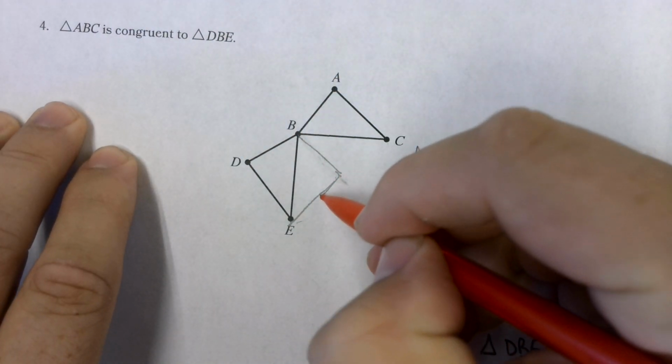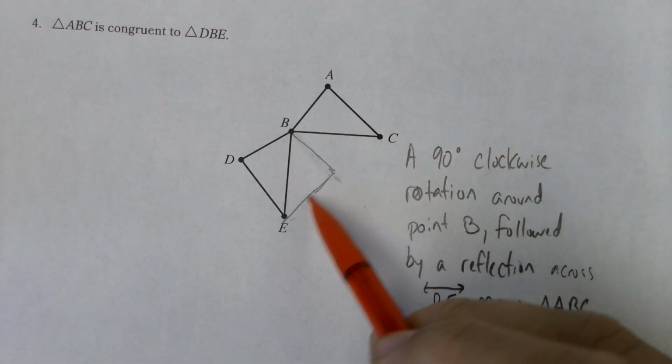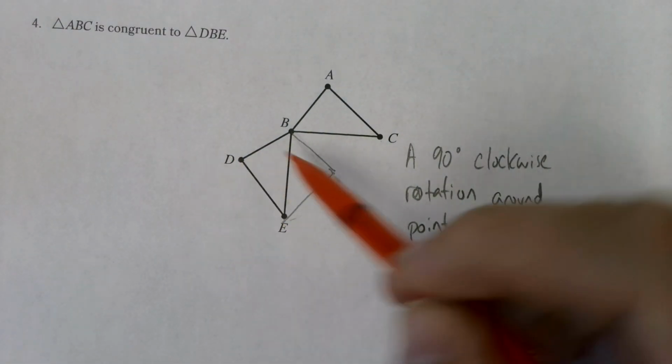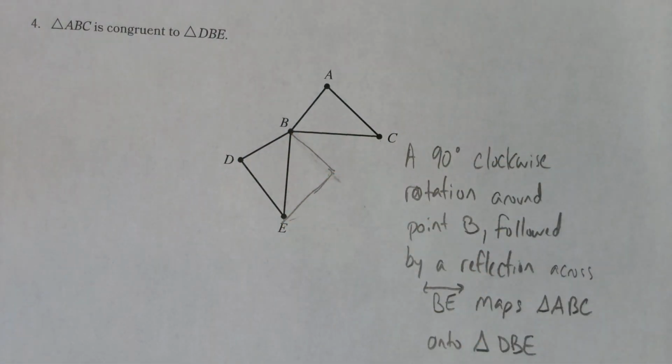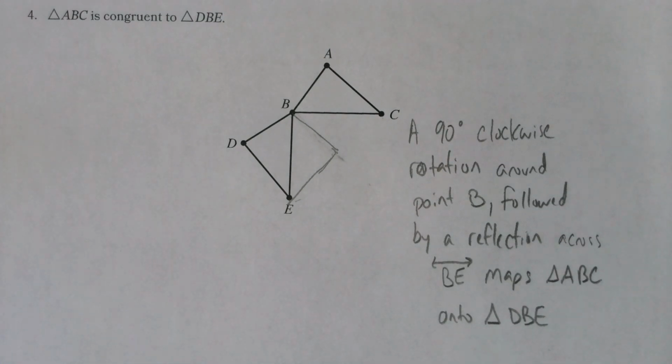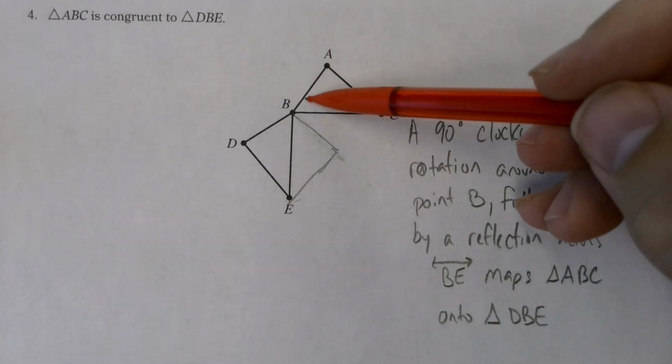I would have my A, B, C, E here, and then I would reflect over this line to map that on there. So we're going to rotate 90 degrees clockwise, and then we're going to reflect it across BE.